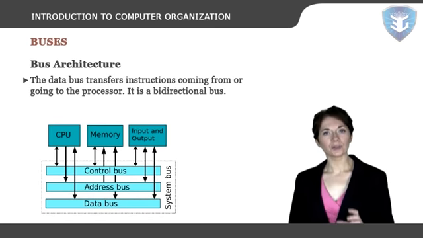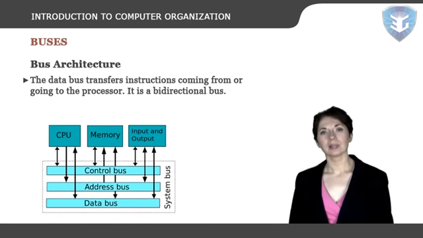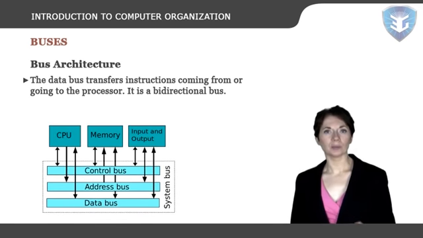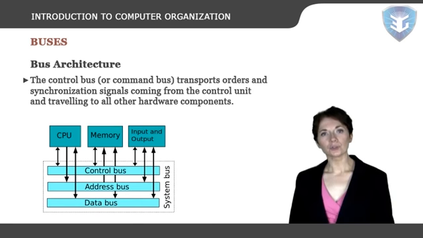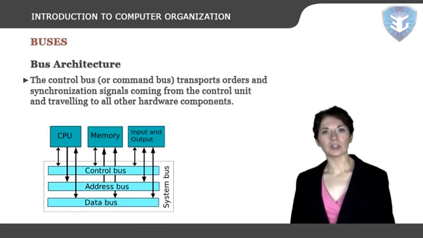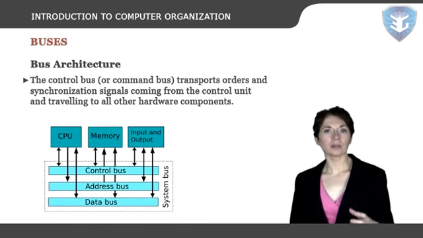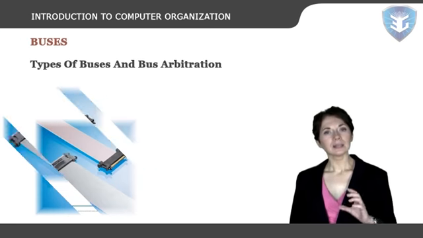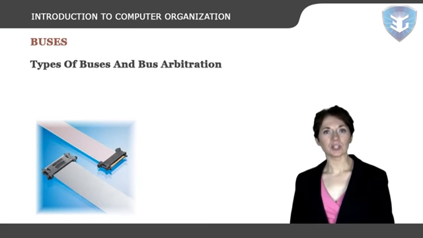The data bus transfers instructions coming from or going to the processor. It is called a bidirectional bus. The control bus or command bus transports orders and synchronization signals coming from the control unit and traveling to all other hardware components.